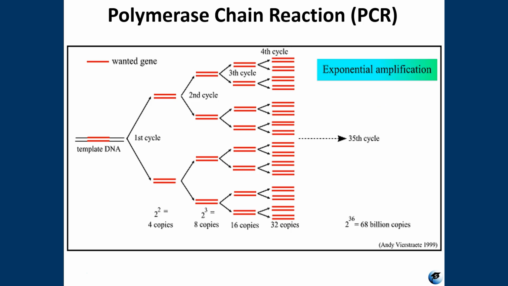Each cycle doubles the number of the double-stranded target DNA, and typically your PCR protocols have 20 to 40 cycles, and that allows for the amplification of a single target, single template DNA by tens of millions. So you start with a little bit and you end up with just tons of DNA. And this all happens within like about an hour and a half.